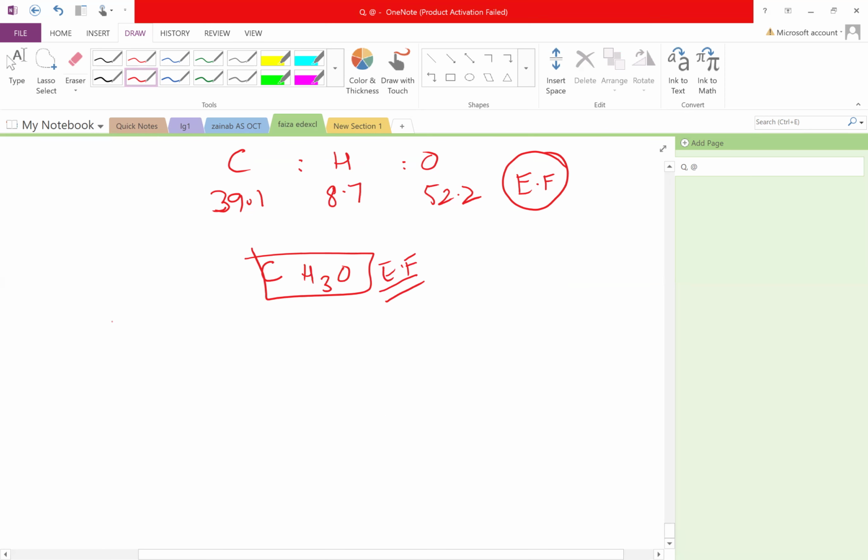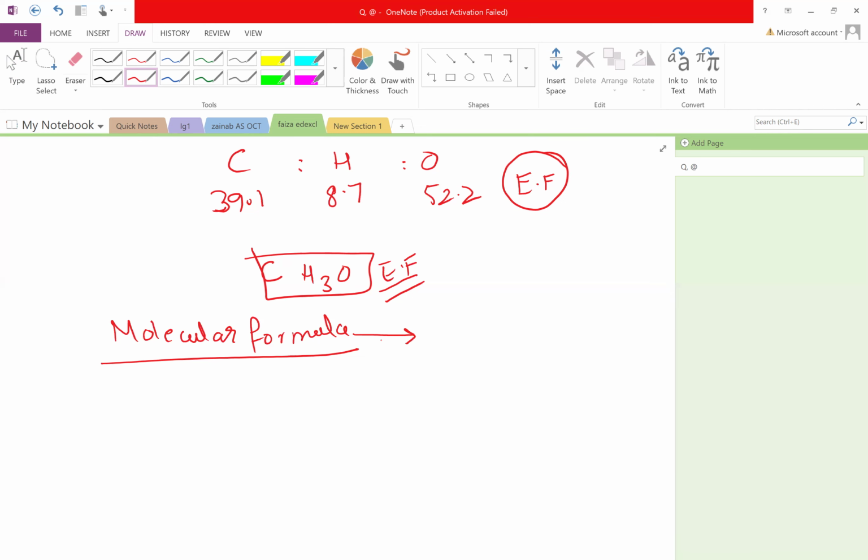Now we are going to move toward the next step of this, that is called the molecular formula. Now how to find the molecular formula? To calculate the molecular formula, do remember that you will be given the mass or weight.